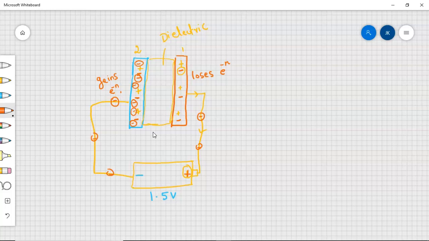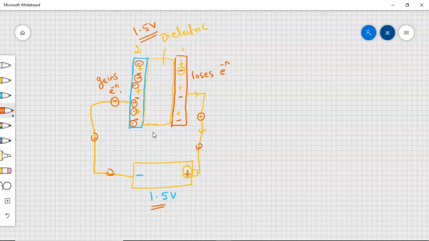So the electrons stop moving from plate 1 to 2, which means the capacitor is fully charged and it will get a voltage of 1.5 volt, equal to the battery voltage.